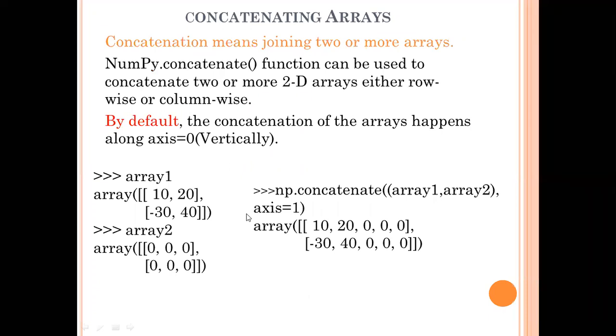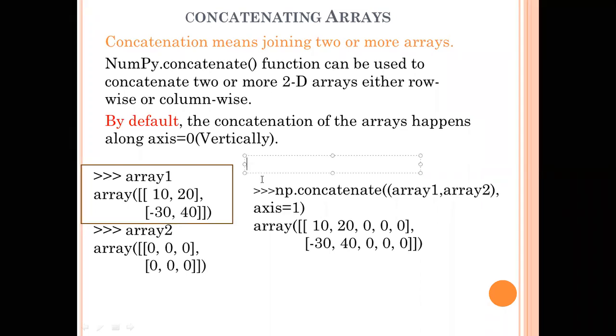Next one is concatenate. Concatenate means if we want to join two or more arrays, then we use this function to add, or we can append the arrays. Then this one, the array 1 is given. This is a 2 cross 2 matrix.